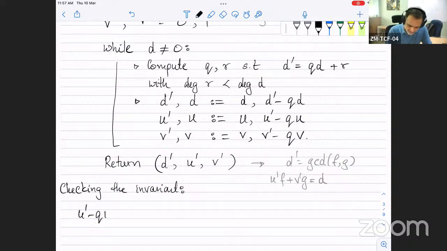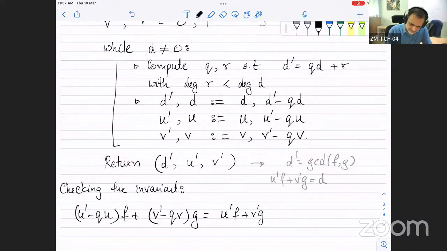Look at u prime minus qu times f plus v prime minus qv times g. What is this equal to? This is u prime f plus v prime g minus q into uf plus vg. By the previous invariant, I know this was equal to d prime.